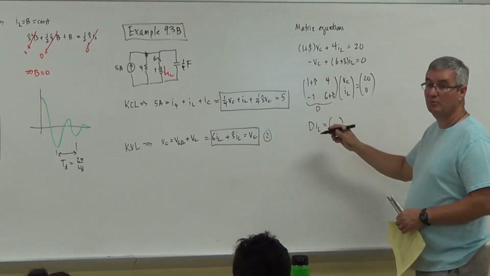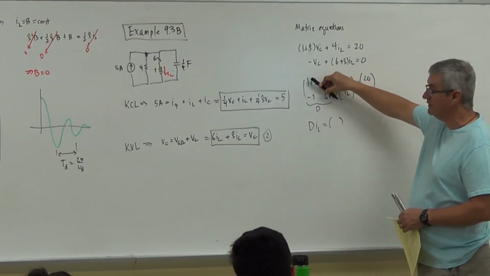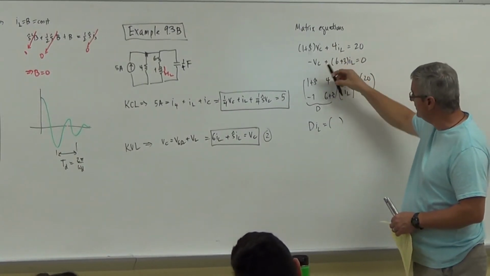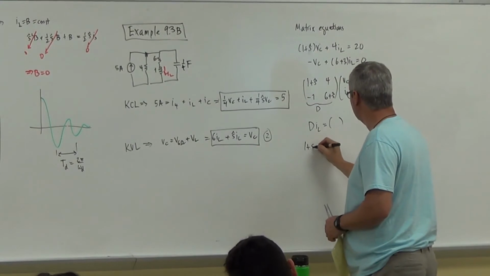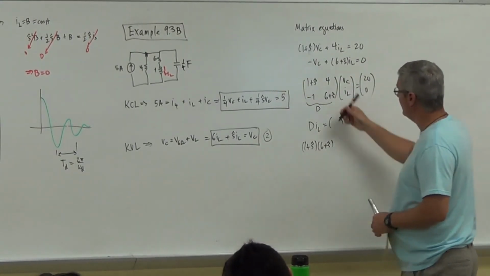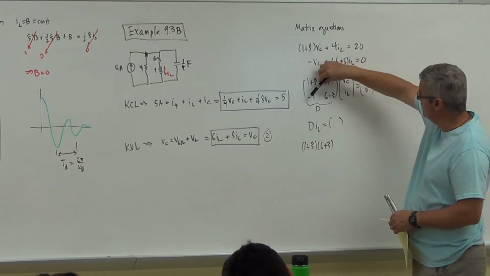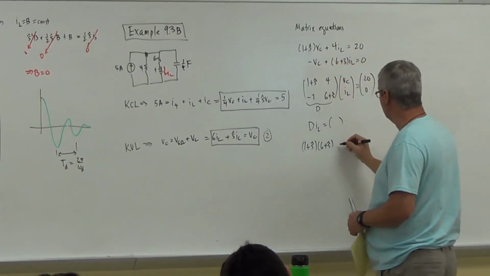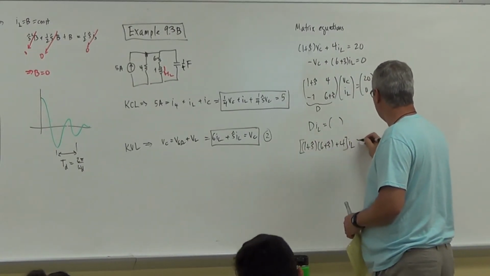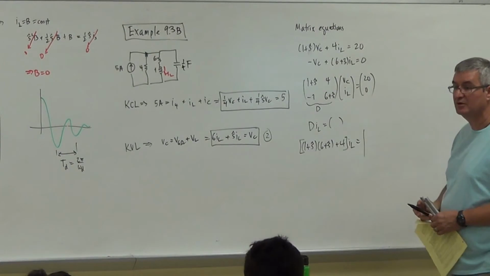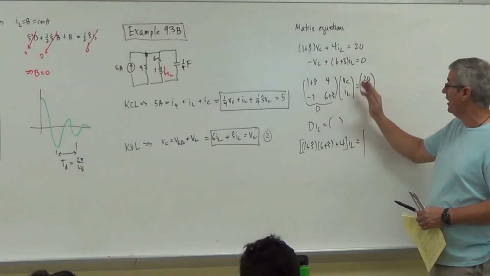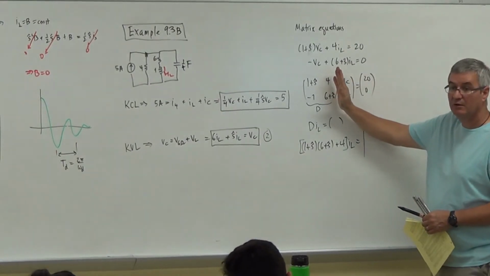I'm going to do it right in one step. So I multiply these two together, and then I subtract these two together. So I'm going to get 1 plus S hat, 6 plus S hat. And then minus minus gives me plus 4. It's operating on IL, and then I change in my matrix. Since I'm looking for IL, note that it's in the second position. I'm going to take these guys and put them in that column right there.